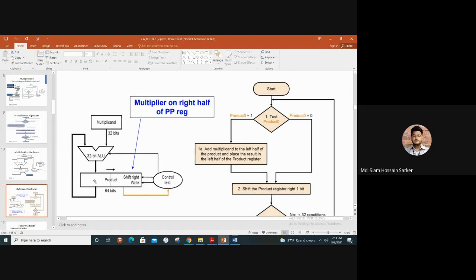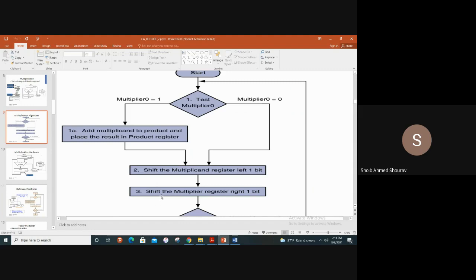Yes, sir. Okay, so they are adding the multiplicand to the left half of the product register and placing the result in the left half of the product register. As we have the multiplier on the right half, we are not going to touch that. Then what we used to do at last, we need to shift the multiplier register right one bit, right?